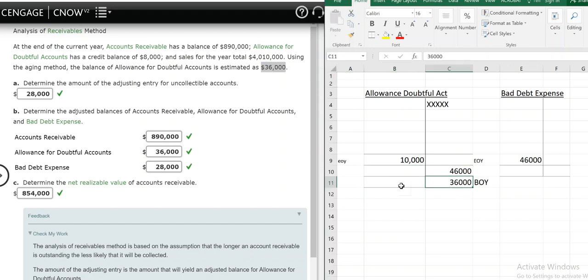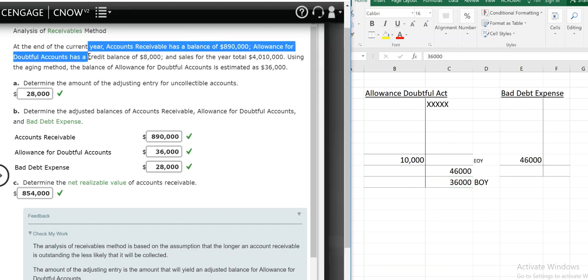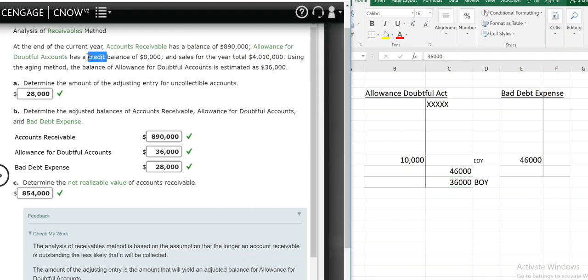Once again, if they tell you that we're using the aging and the account has a debit balance, the amount of the expense needs to be a plug-in.